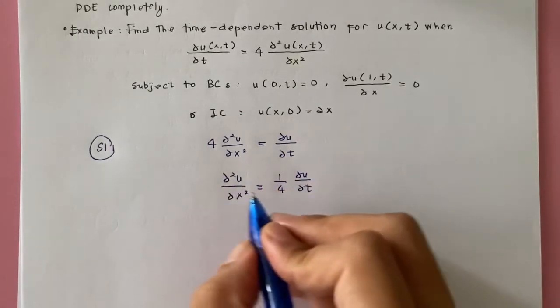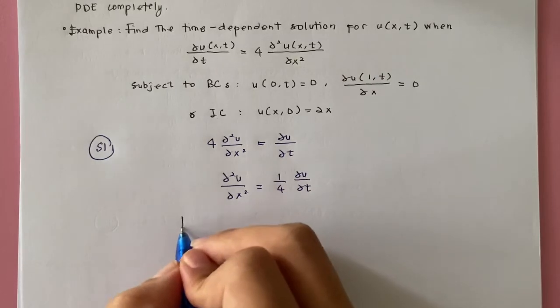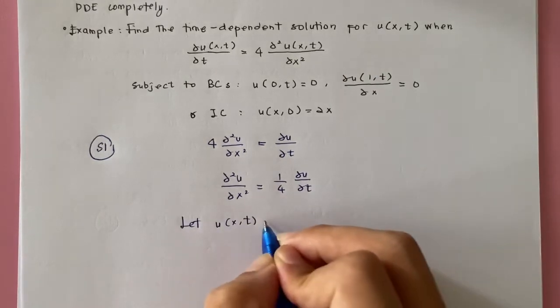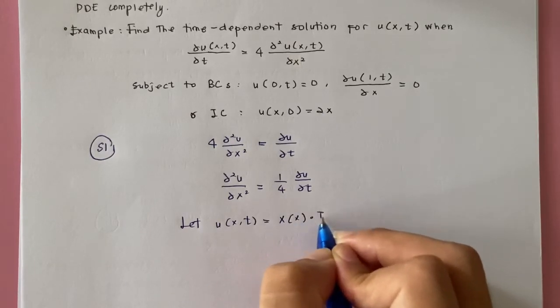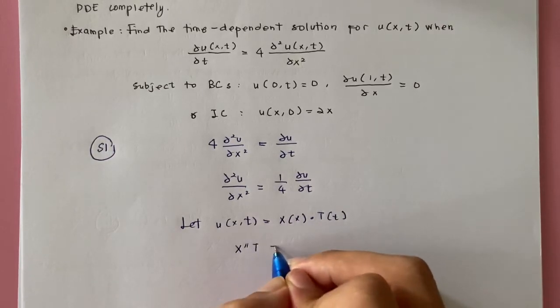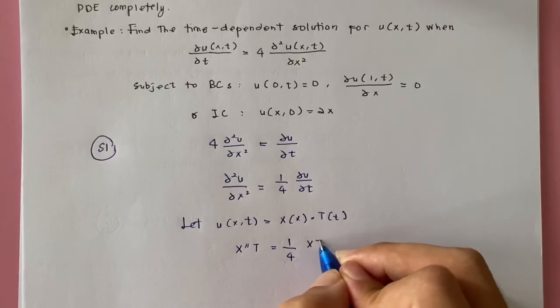So for the first step, we substitute. We let u(x,t) equal X multiplied by T. So we have X double prime T equal to 1 over 4 X T prime.